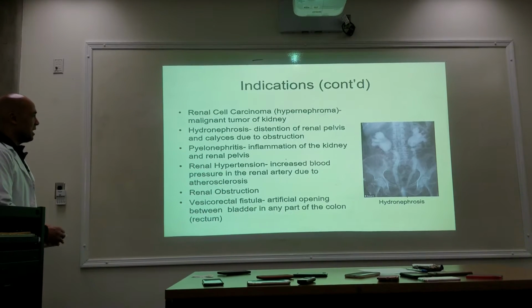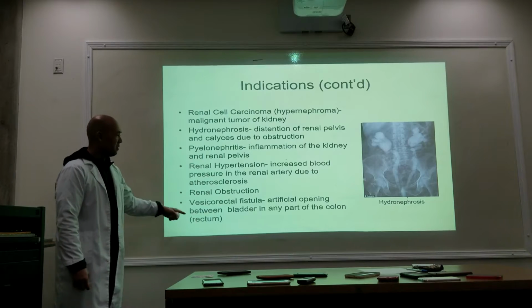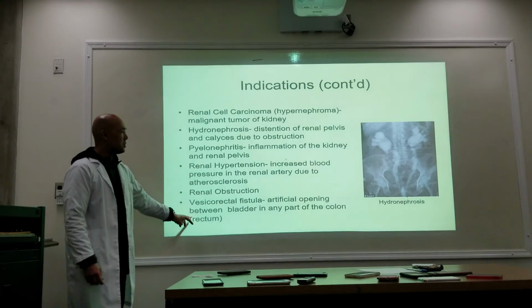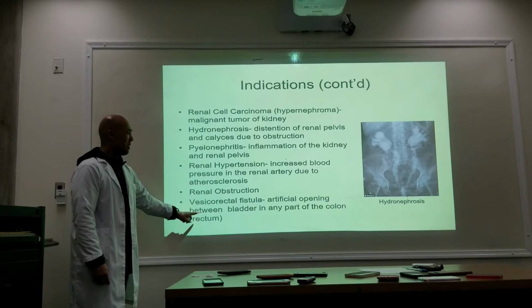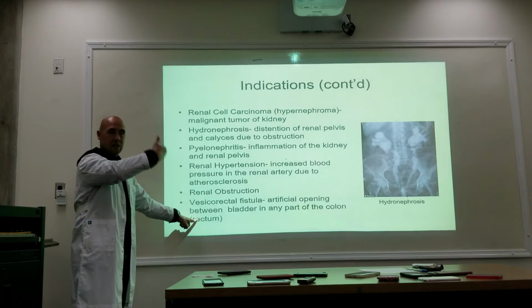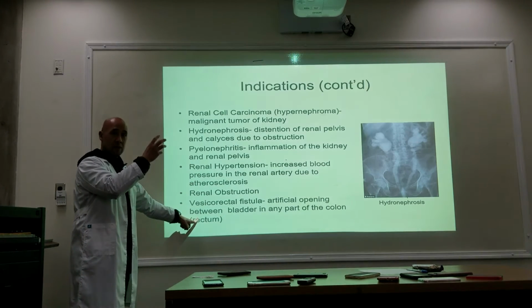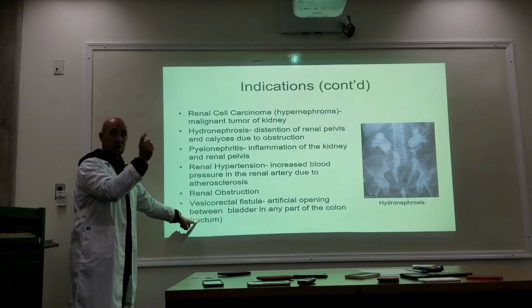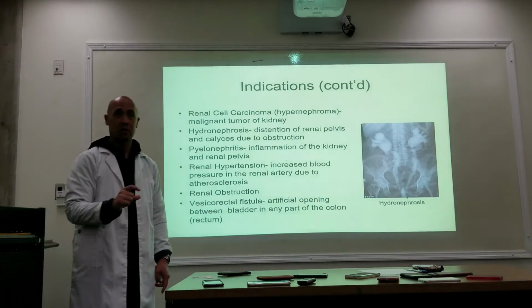Pyelonephritis is inflammation of the kidneys and renal pelvis. Renal hypertension, renal obstruction. Vesicorectal fistulas. This is most common in women. It's an artificial opening between the bladder and any part of the colon. Because if you remember in the cross-sectional diagram of the female anatomy, the colon and the bladder are closely related, so there may be an opening and a communication between those two structures.